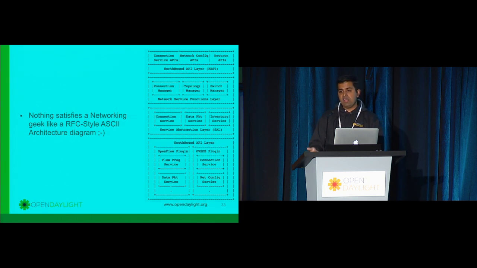While in MD SAL, it's all Yang model-based. But at the end of the day, the idea of SAL is to abstract the services provided by the southbound plugins to the NSF layer on top, so that the network service functions can be written without any protocol-specific thing in mind. It can be protocol agnostic. That's the hope. We achieved it to some extent so far, but we have a lot of work to do in that area.